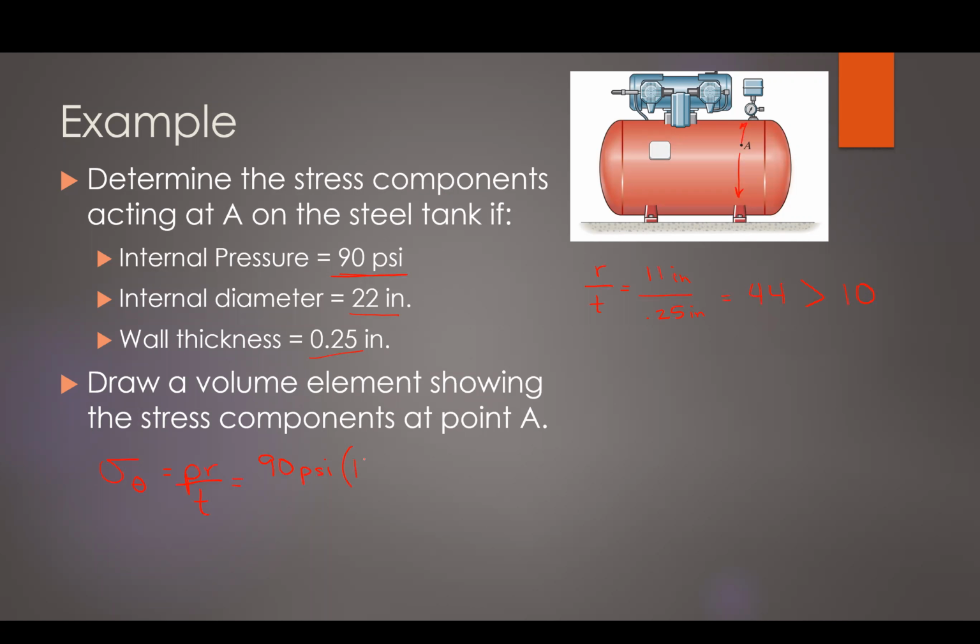The radius is 11 inches, and the thickness is 0.25 inches. And so that equals 3.96 KSI.